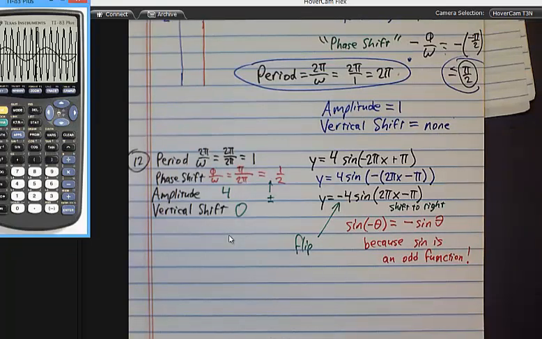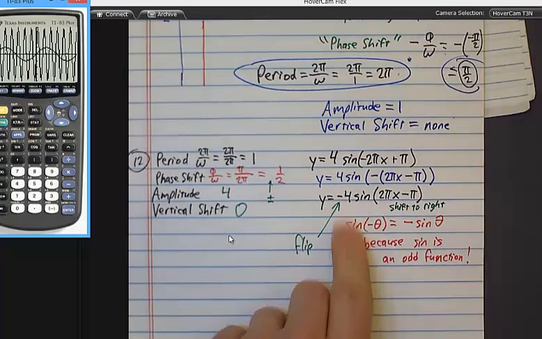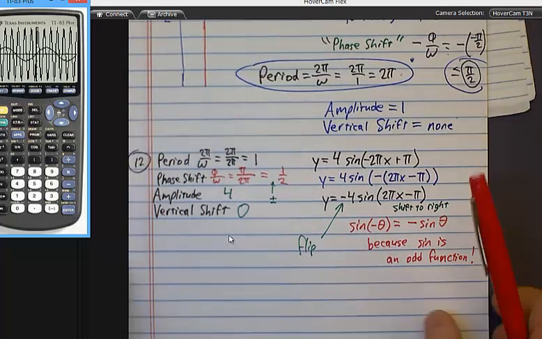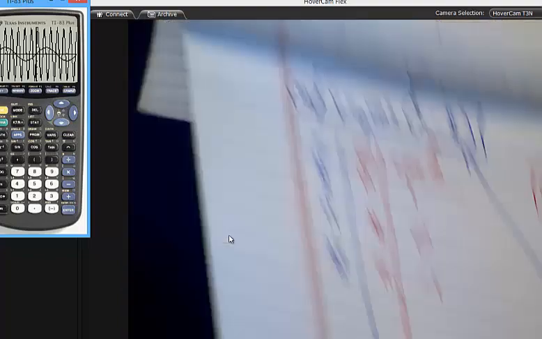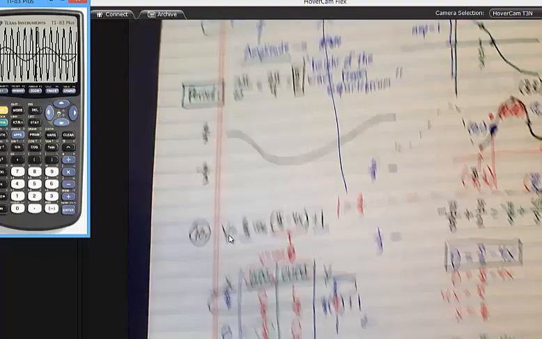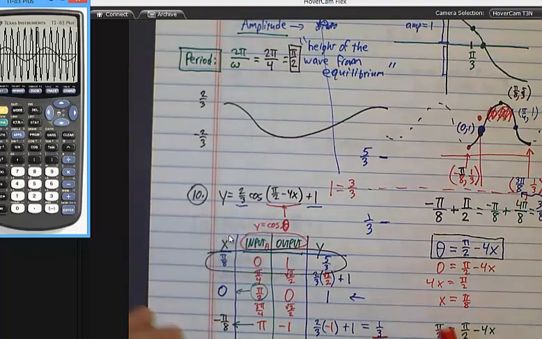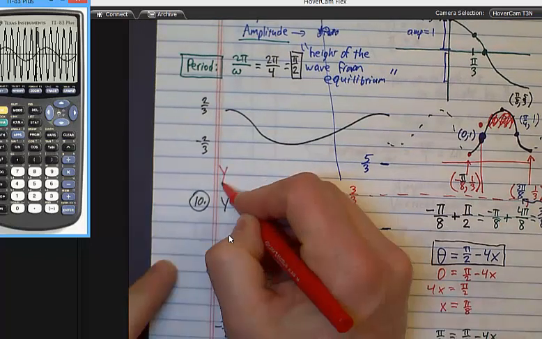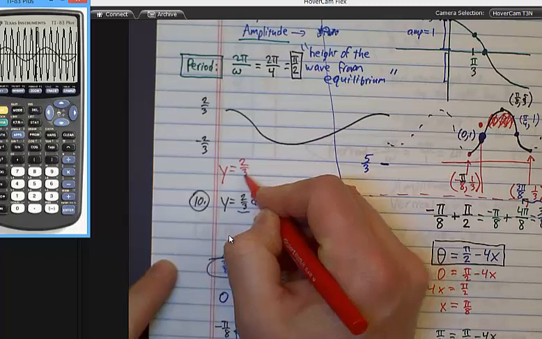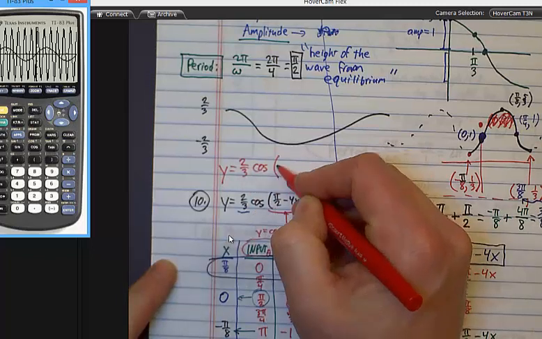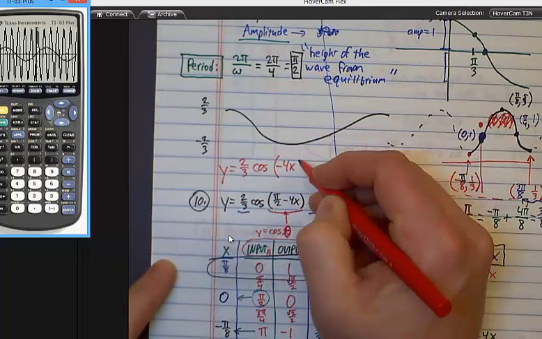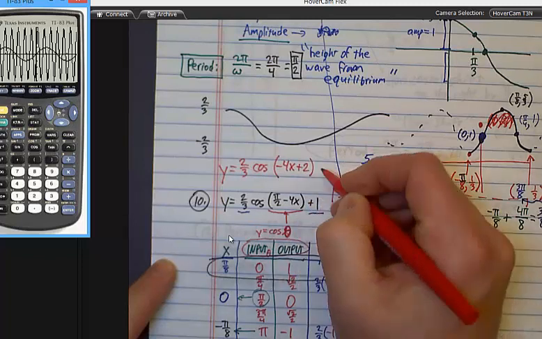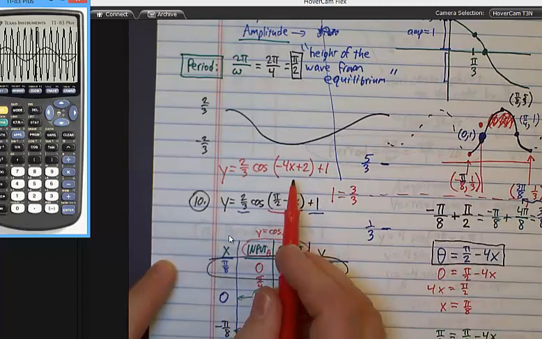I guess your question was, should I always factor out the negative? Let me go back to problem 10 and not do the whole thing over. But remember, some people said they would probably write it this way. y equals 2/3 cosine of negative 4x plus 2 plus 1, right? Some of you thought, hey, let's write it this way so it looks exactly like what's in the book.